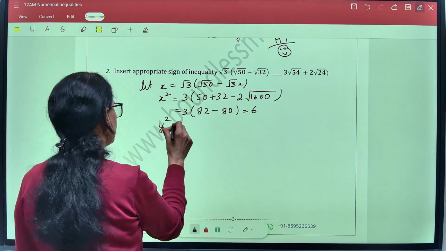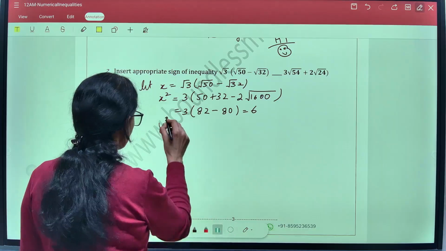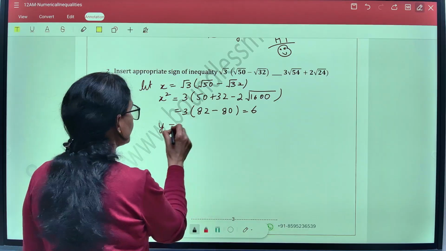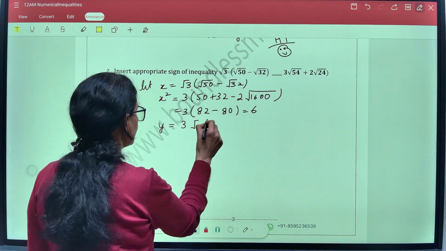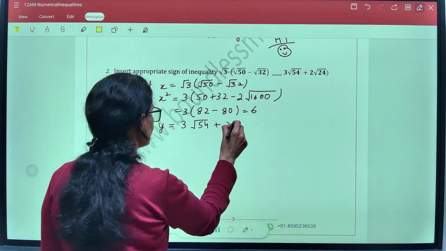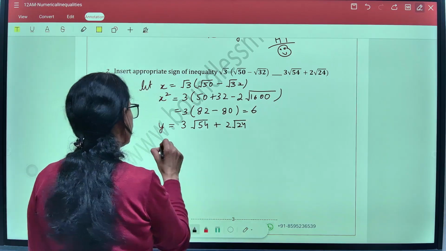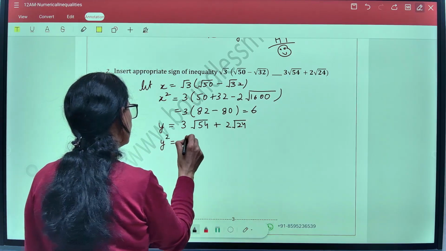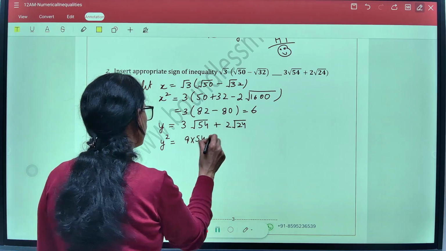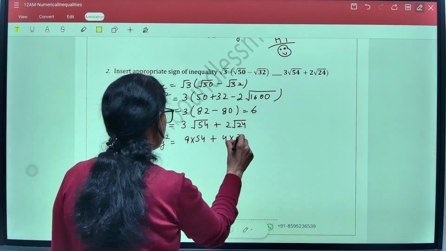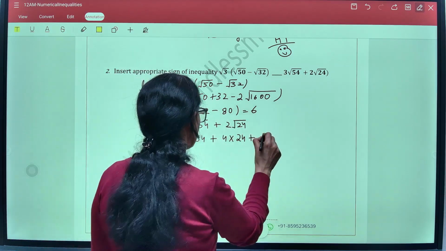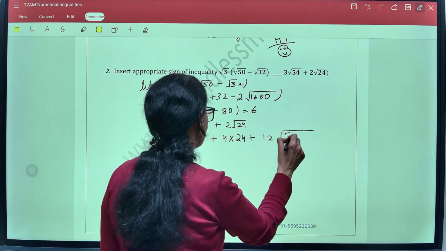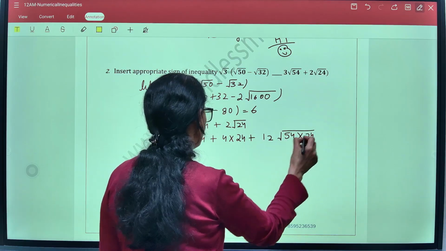So that means 3 into 2, 6. Let the right side be equal to y. So this means y is equal to 3 square root 54 plus 2 square root 24. Again, squaring both sides gives you 9 into 54 plus 2 square is 4 into 24 plus 3 into 2 is 6, 6 into 2 is 12 into square root of 54 into 24.